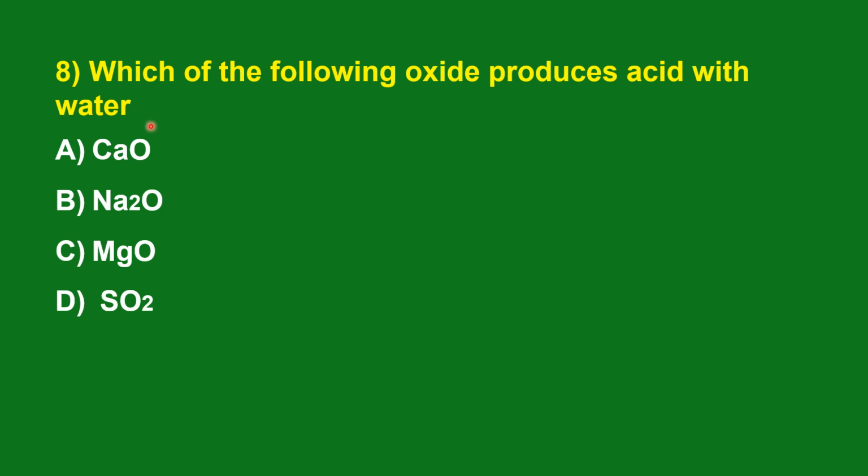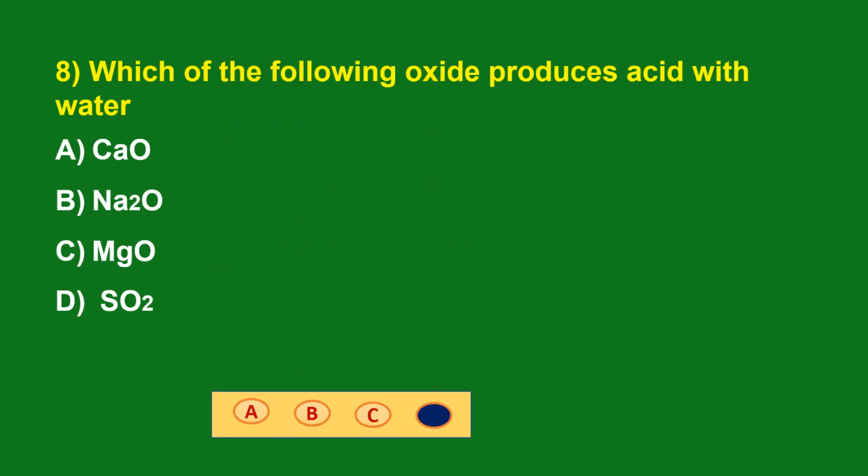So out of these four options, CaO is a metallic oxide. Sodium oxide is also a metallic oxide. Magnesium oxide is also a metallic oxide. And sulfur dioxide is an example of a non-metallic oxide. So when sulfur dioxide reacts with water, we get an acidic solution. So for this question, option D is the right answer.